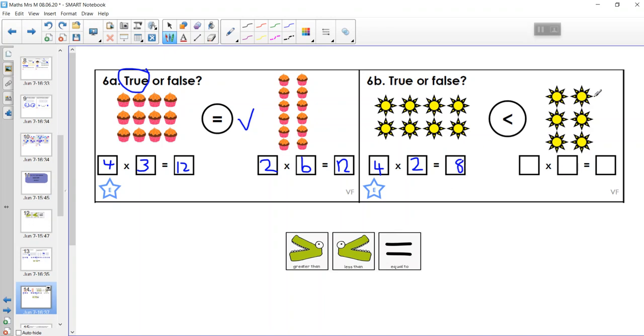And I've got 2, 3 times. 2 times 3 is 6. So 4 times 2 is less than 2 times 3. Oh, it isn't, is it? 4 times 2 is greater than 2 times 3. So it is false.